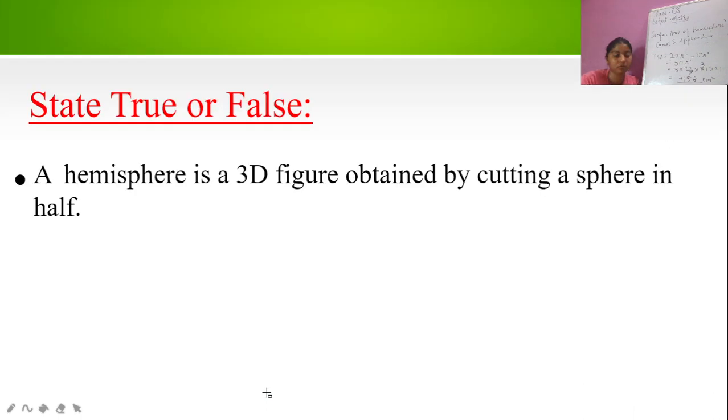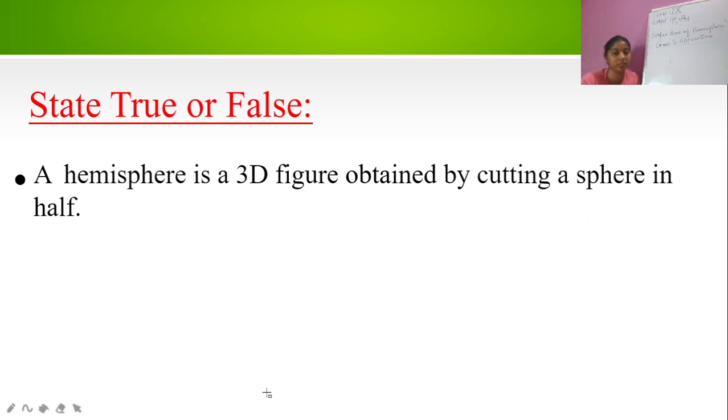Okay, so now students, state true or false. A hemisphere is a three-dimensional figure obtained by cutting a sphere in half. Do you get it? Yes, that is correct.